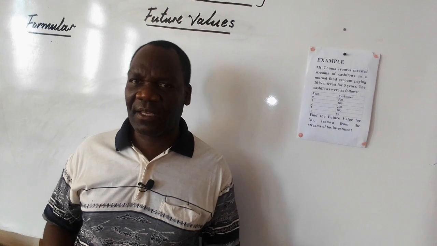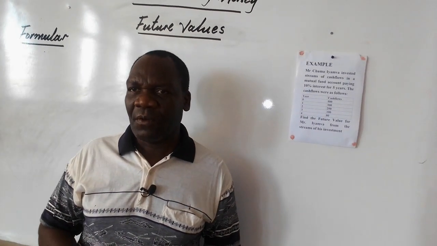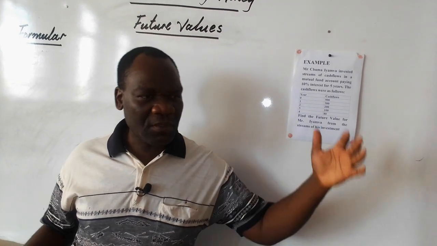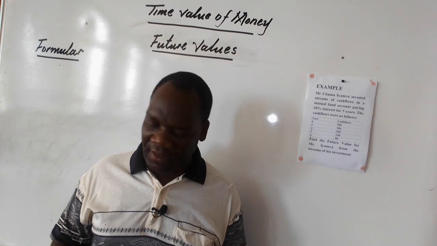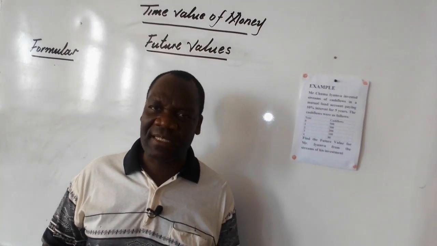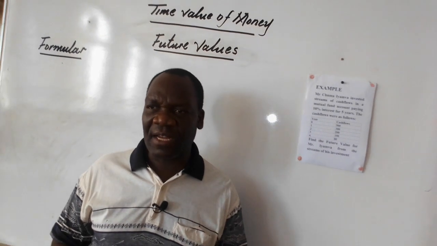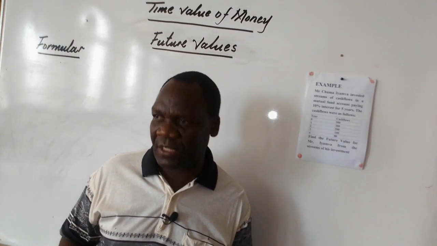After maybe a week or a month, he adds another amount. We want to look at the future values of all these sums of money that are added into the investment account at various times, or at intervals, in short.